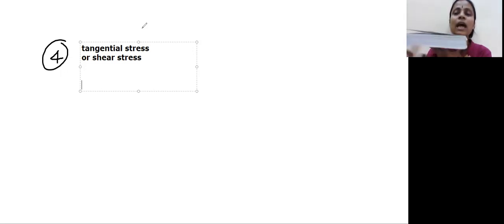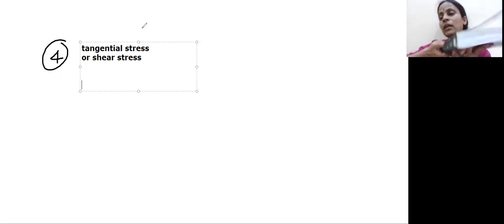The height and the length are mutually perpendicular to each other. Now let us assume that I am going to apply a force parallel to this surface, in such a way that one of the faces that is perpendicular moves. If I push it like this, can you see, children?